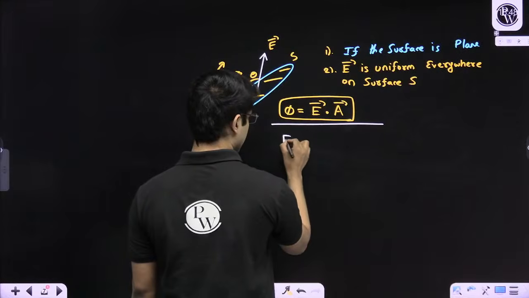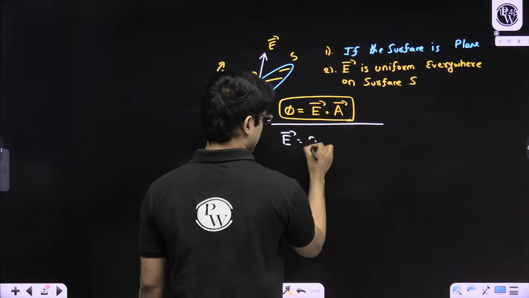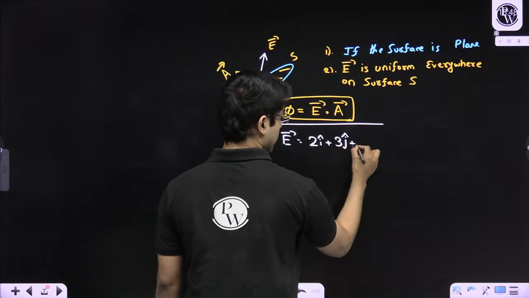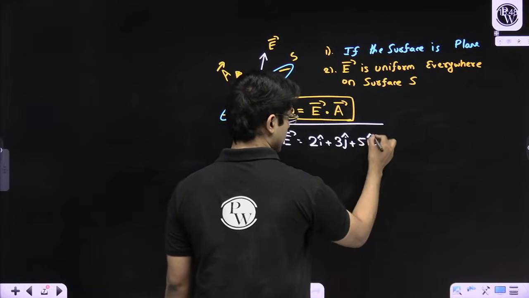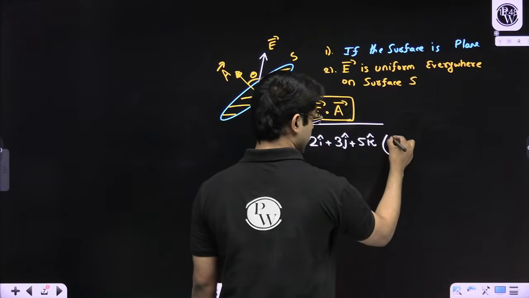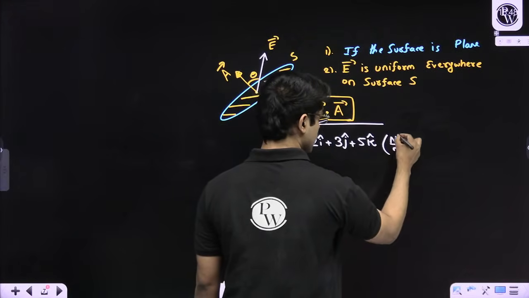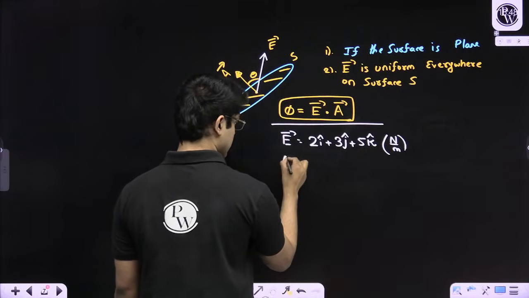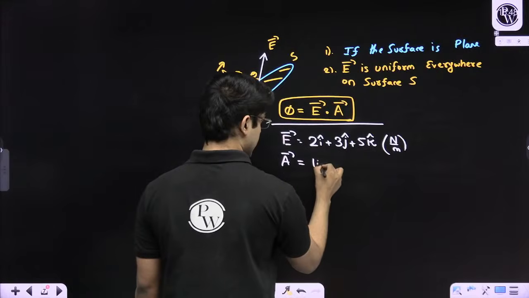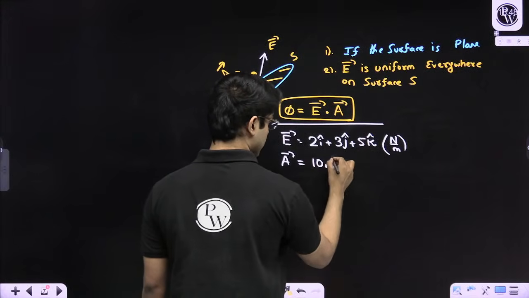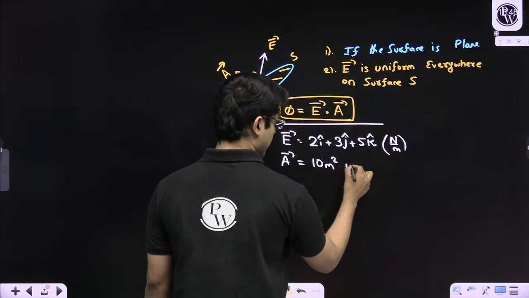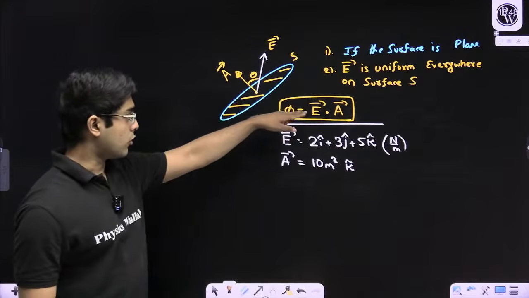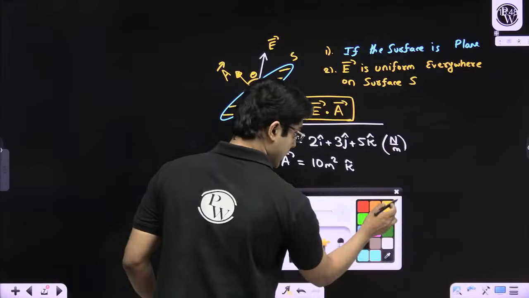If the electric field is given as 2 i cap plus 3 j cap plus 5 k cap, with units of Newton per meter, and the area vector is given as 10 meter square in the k cap direction, then all you have to do is take their dot product.